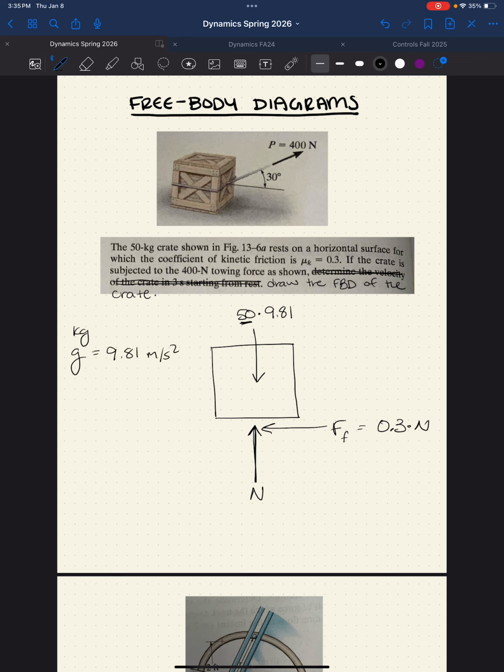So kilograms goes with 9.81. However, we are also going to use English units in this class. If you are instead given the mass in pounds mass, then you will need to multiply it by g, where g is 32.2 feet per second squared.